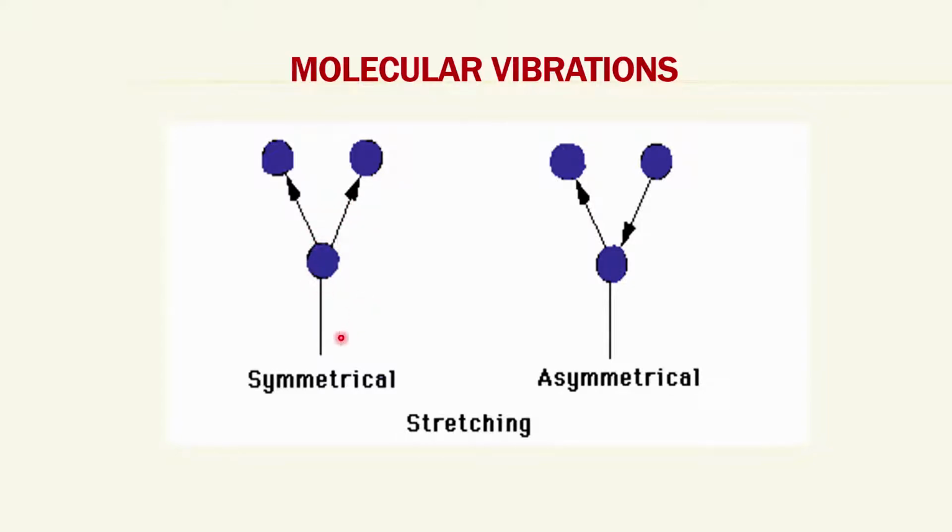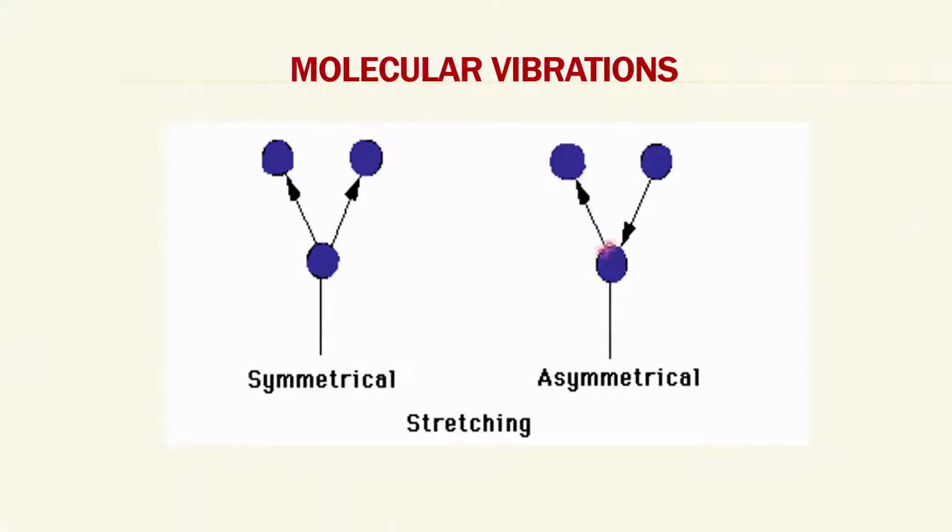Now, look at these two figures carefully. You can see that the bond between this one and this one is stretching towards the top and this is also stretching towards the top. That means both of them are getting pulled simultaneously like this. So, the stretching takes place in the same direction simultaneously, but look at the other picture now.